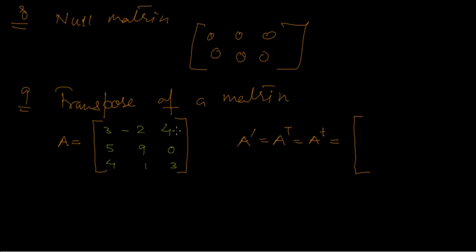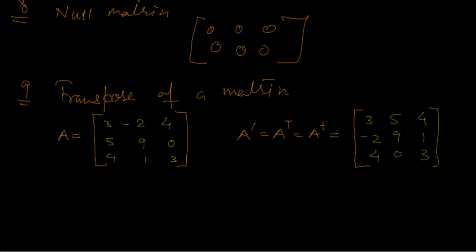So you see, the first row I put as a column here. So I get 3 minus 2 4. This row I am putting in vertical form. This row again here, 5 9 0, and this also 4 1 3. So this is the transpose of A. This is called the transpose matrix.